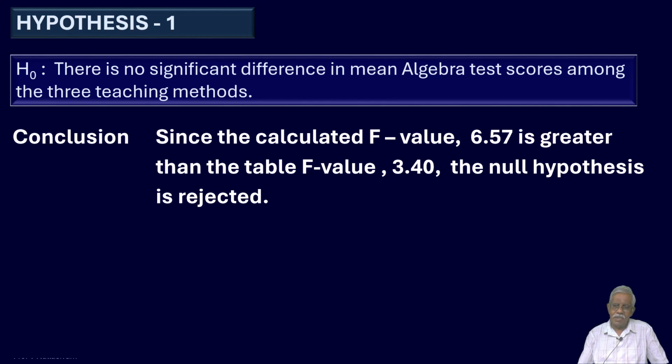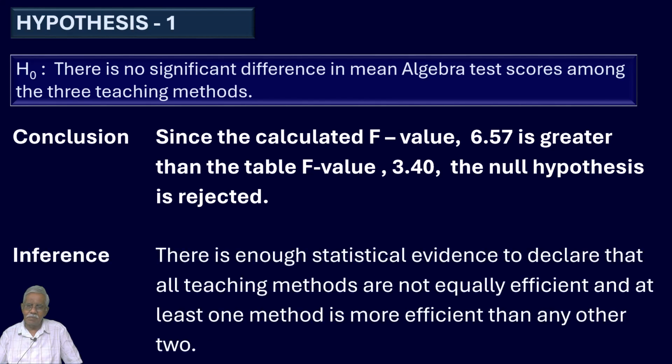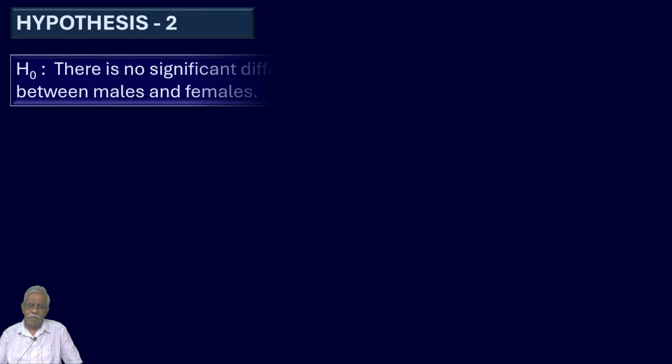Since the calculated F value 6.57 is greater than the table F value 3.40, the null hypothesis is rejected. Inference. There is enough statistical evidence to declare that all teaching methods are not equally efficient and at least one method is more efficient than the other two.